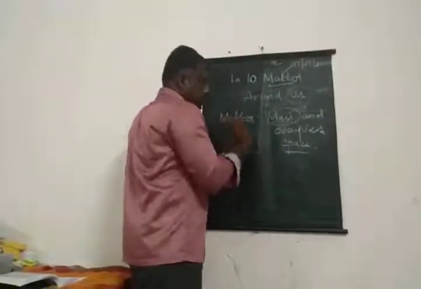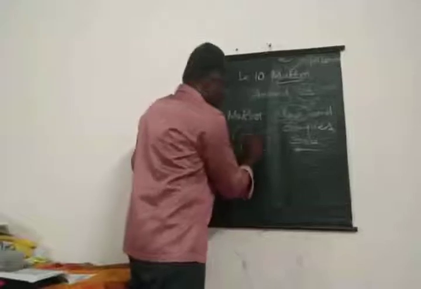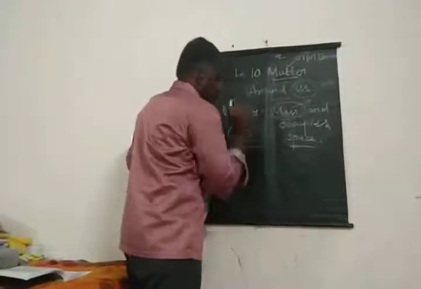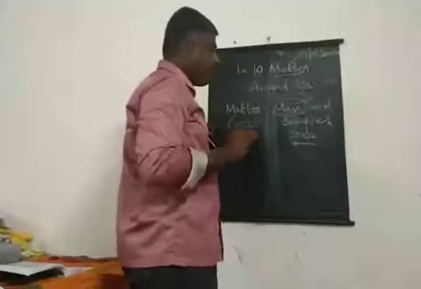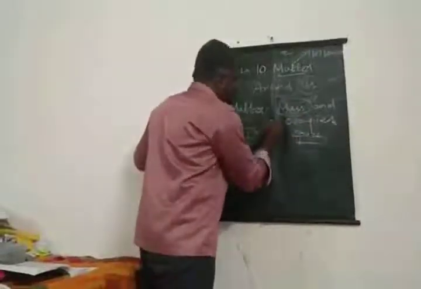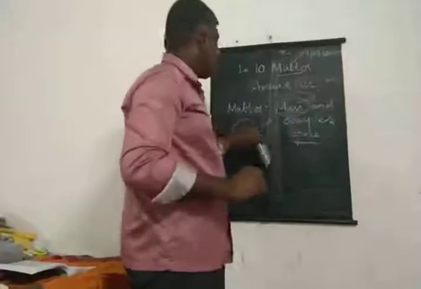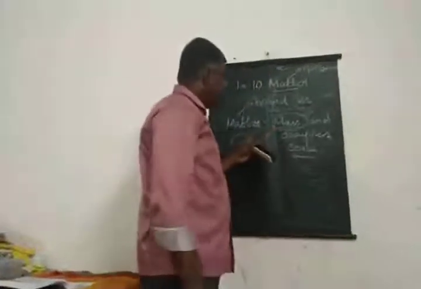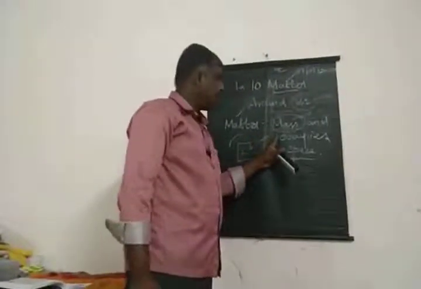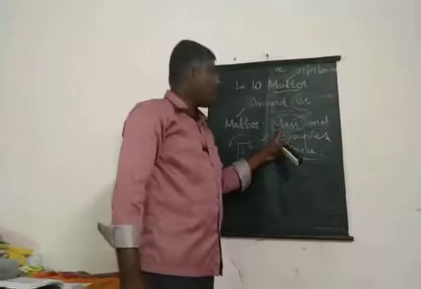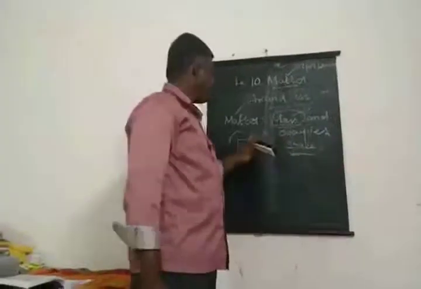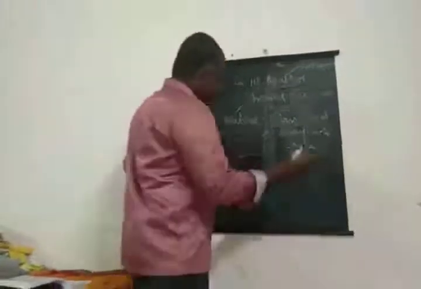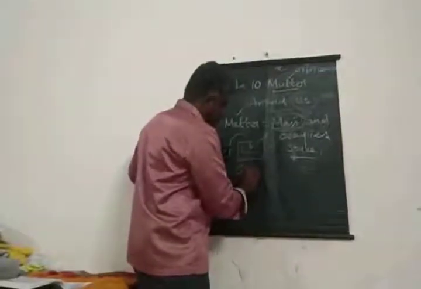If you keep the textbook on the table, it will occupy some space. Definitely it has mass. So that is called matter. So how to define matter? It has been defined as something that has mass and occupies space. That is called matter.